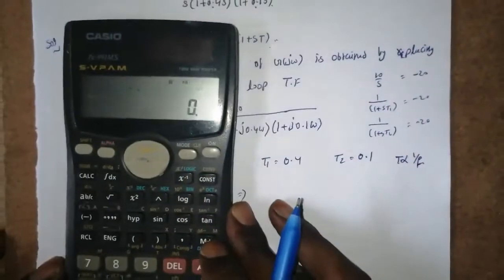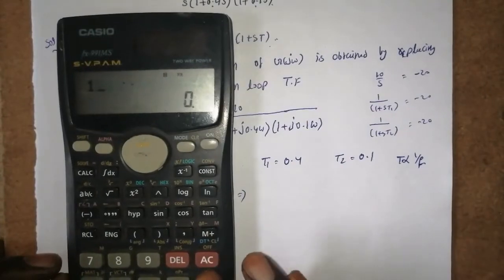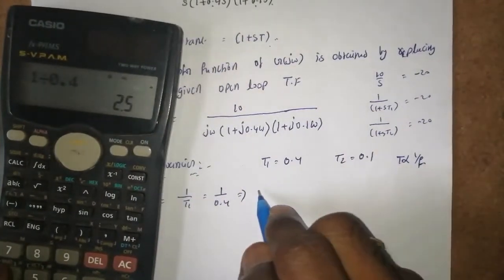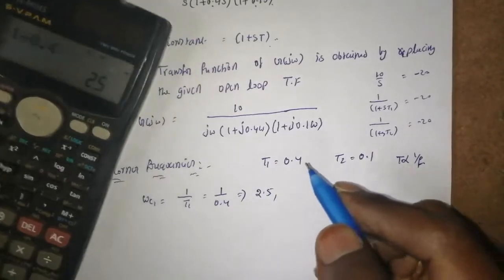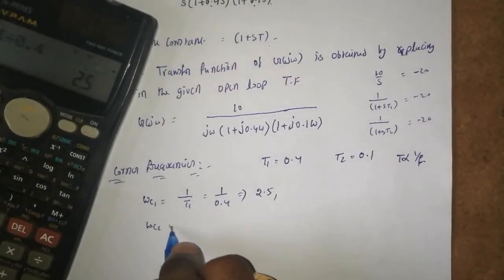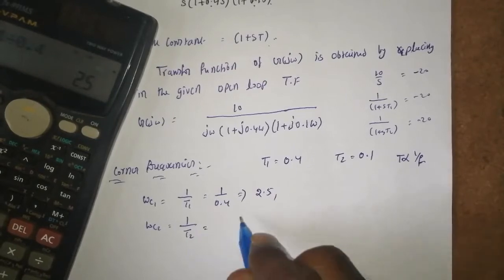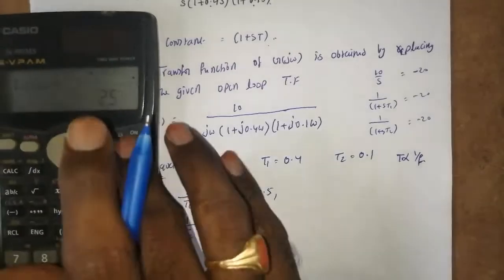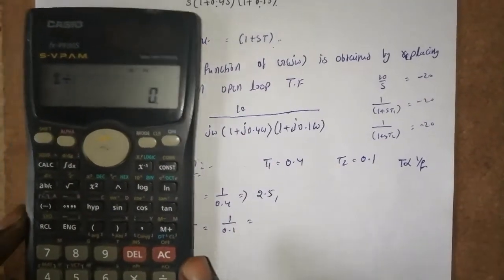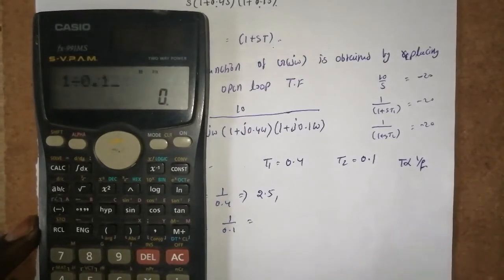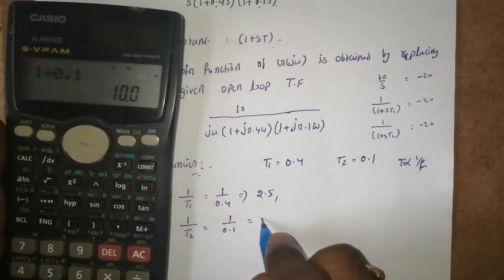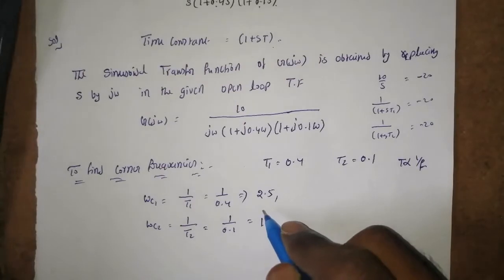1 by 0.4 is 2.5. Next, omega c2 equals 1 by T2, which is 1 by 0.1, and we will get 10. So we have two corner frequencies.